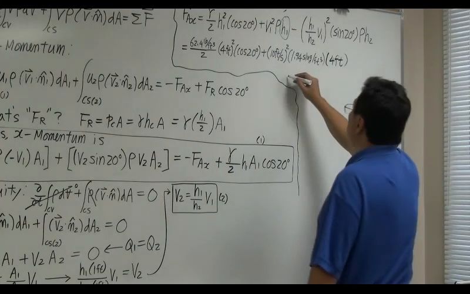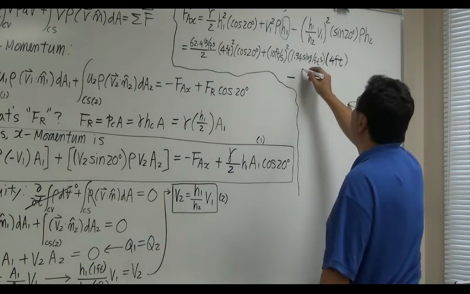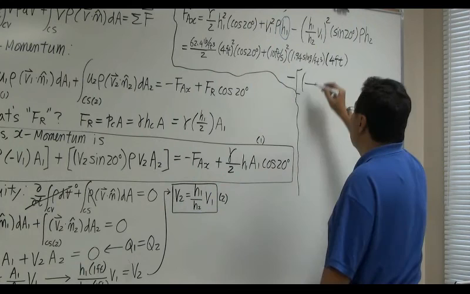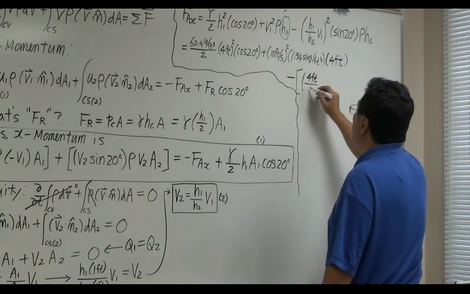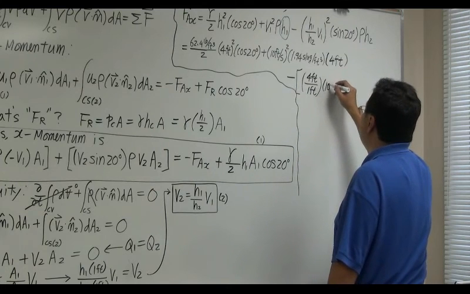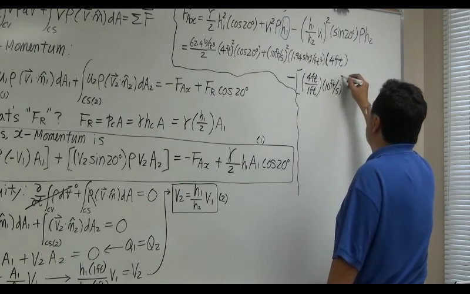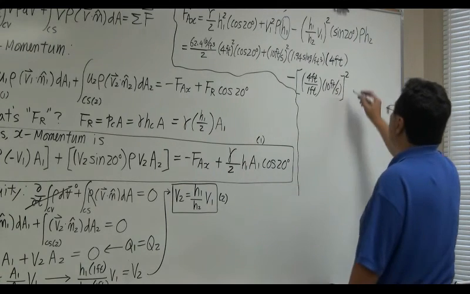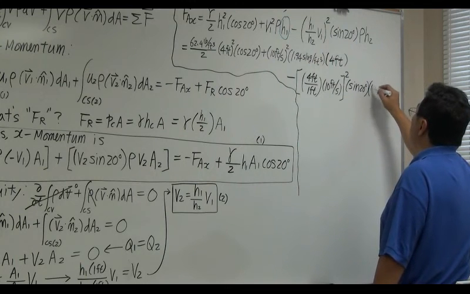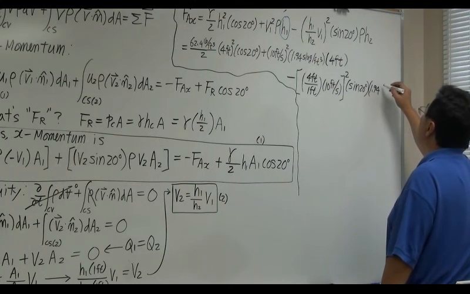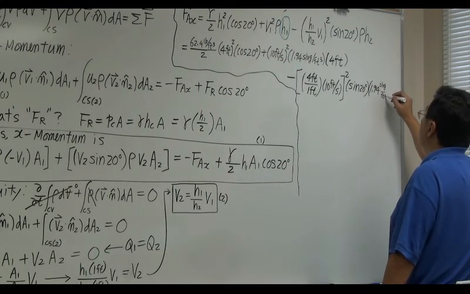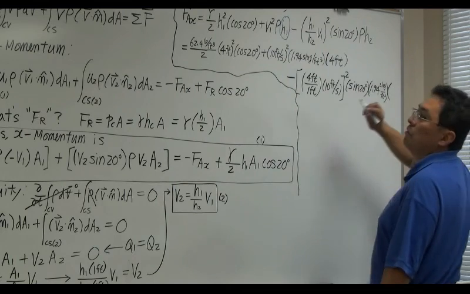Subtract H1 over H2, 4 feet divided by 1 foot, multiplied by V1, 10 feet per second, squared, multiplied by sine 20, times density 1.94 slug per cubic foot, times H2, 1 foot.